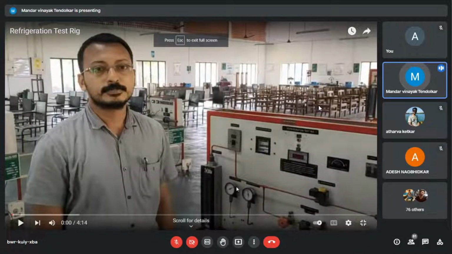Here our setup is similar to this setup. I'm not saying exactly. This is a much more sophisticated one. Our setup was donated by Queen Victoria 100 years ago. So that is a very old setup, and probably that is the reason it is still in working condition. Okay.